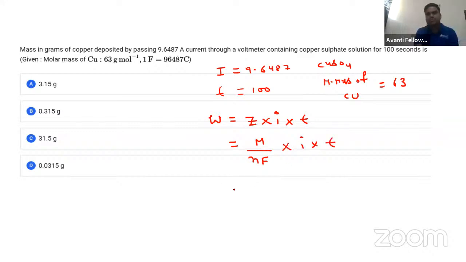And this is I and this is T. Just put the value. So molecular mass of copper here is 63, right. What is N here, beta? So basically in this copper sulfate, copper having plus 2 charge, right? So N is 2. What is F here? So this comes out to be 96,487.